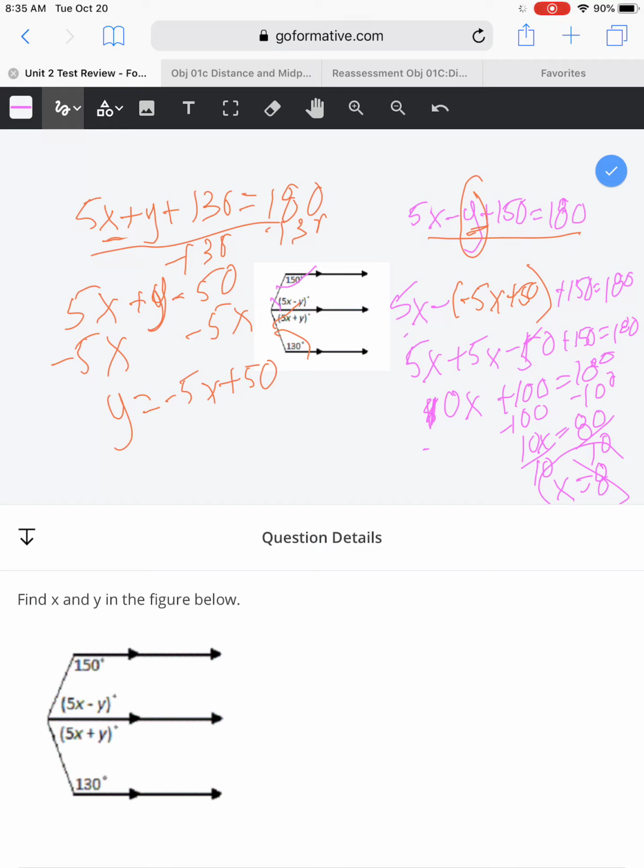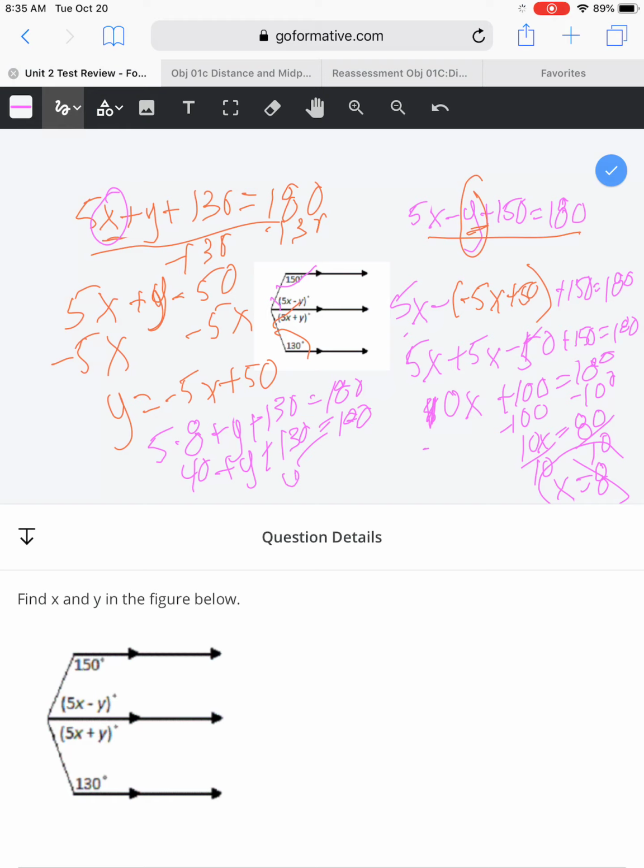Okay, once I know x is equal to 8, I can substitute this 8 for this x. That's going to be 5 times 8 plus y plus 130 is equal to 180. That's going to be 40 plus y plus 130 is equal to 180. That's going to be y plus 170 is equal to 180.